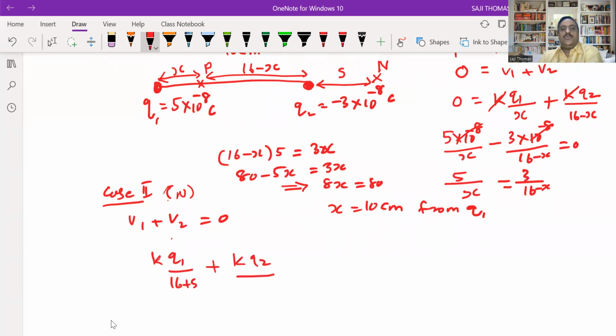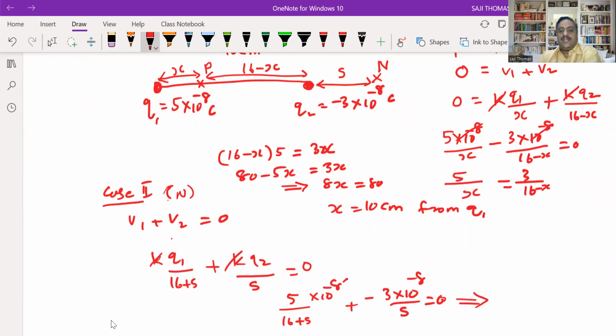What is the distance from Q2 to the point N? S equals 0. So K you can cancel. Now put the values of Q1: 5 into 10 raised to minus 8, 5 divided by 16 plus S, plus Q2 is minus 3 into 10 raised to minus 8 by S equals 0.